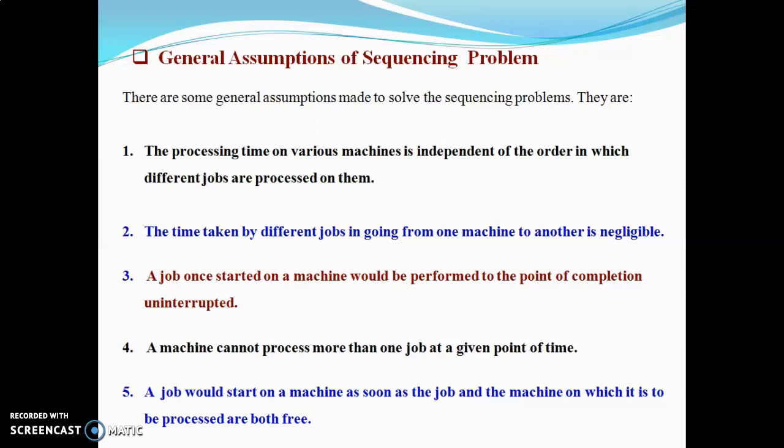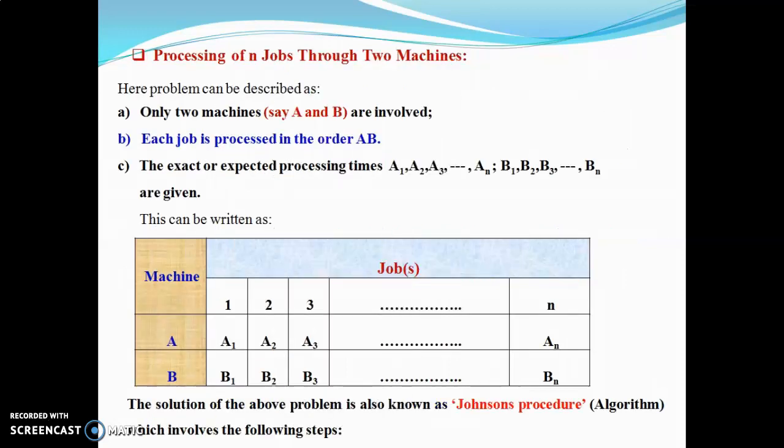So now, dear students, today we are going to discuss the most important topic, that is, the processing of n jobs through 2 machines.